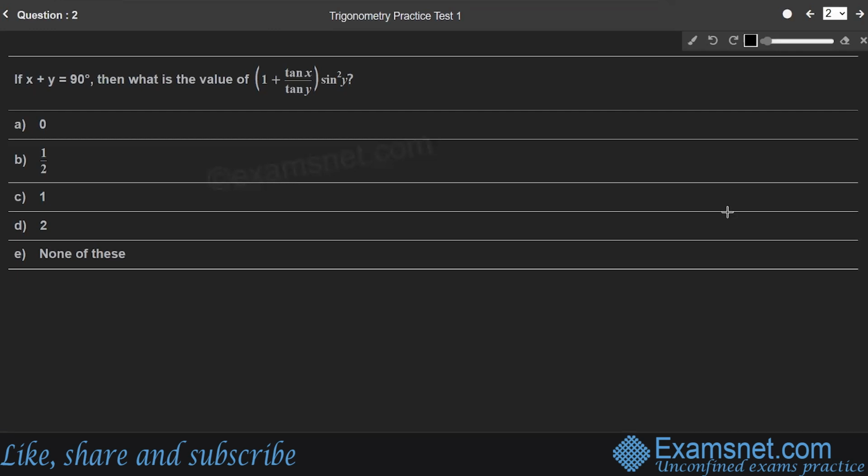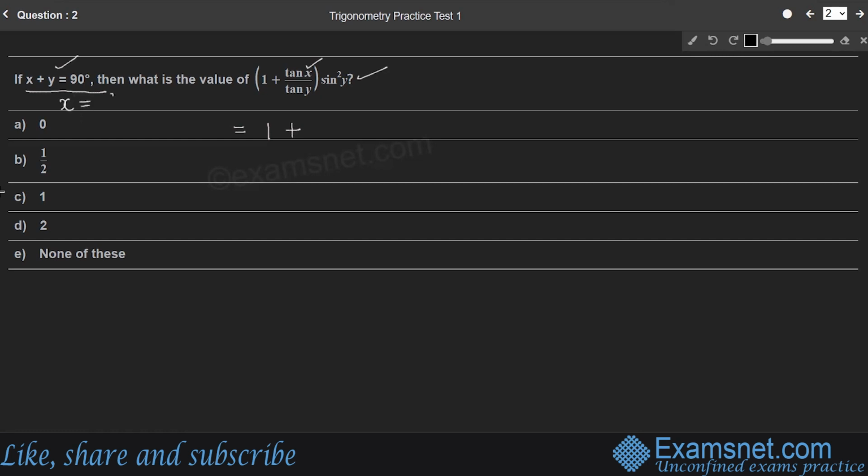Question number 2. If x plus y is equal to 90 degrees, then what is the value of (1 plus tan x by tan y) into sine square y? Here we'll consider the given expression 1 plus tan x by tan y into sine square y. Tan x can be written in terms of y because x plus y is 90 degrees.